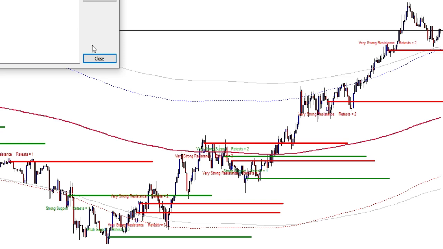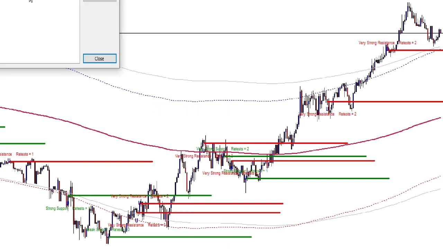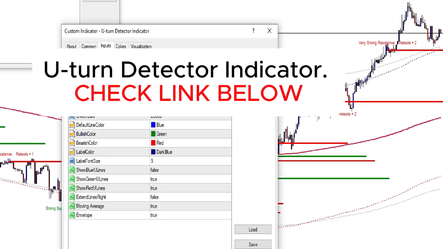Okay, let's go to the input section and see what we can do with the input. We go to the indicator, the U-Turn Detector Indicator. You can see here in the input we have the envelope. You can either allow the envelope to be visible on the chart or not. You can allow the moving average or disable it.